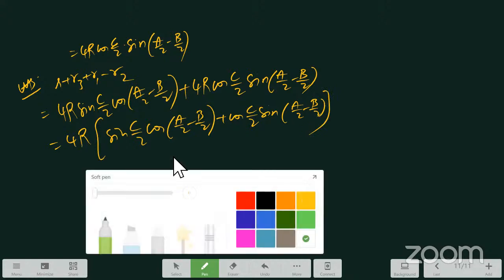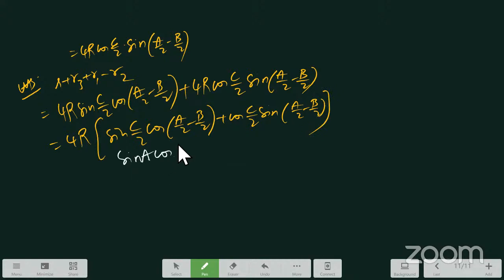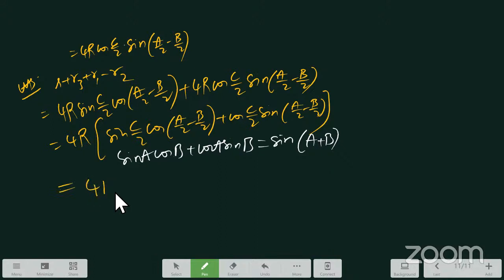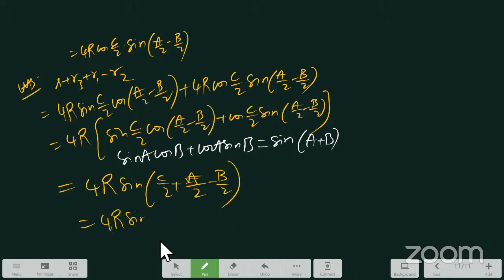How does it look? Sin A cos B plus cos A sin B. That is sin of A plus B. That is nothing but 4R sin of C by 2 plus A by 2 minus B by 2.